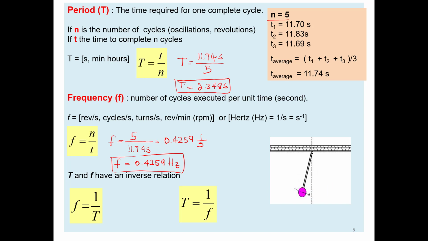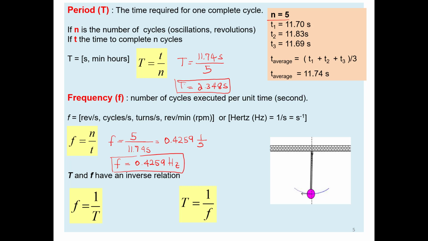If we compare these two equations, this is the equation we use to calculate the period and this is the equation we use to calculate the frequency, and we can see they are inverse. Here we had t/n, and here we had n/t. The relation between period and frequency is an inverse relation.